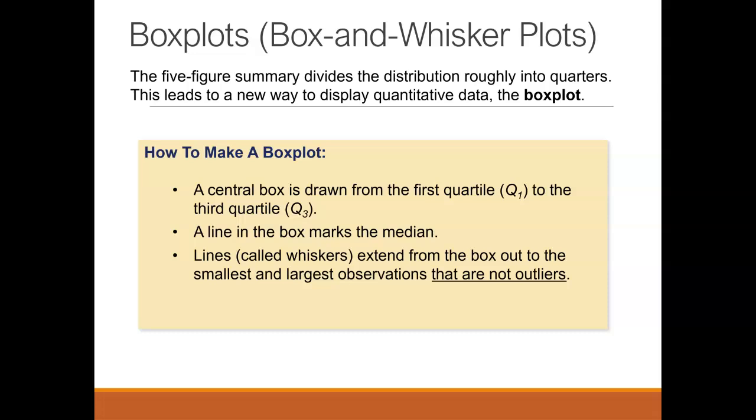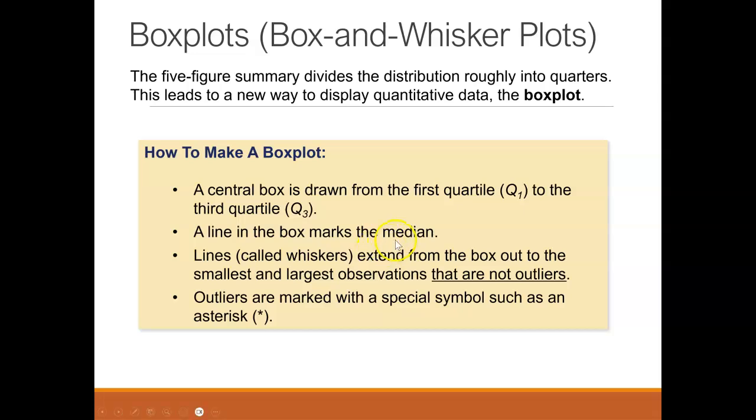We call those lines the whiskers, provided that those are not outliers, right? The whiskers don't go all the way to the outlier. It goes to the biggest acceptable value or smallest acceptable value. Outliers we mark with a special symbol, like an asterisk.